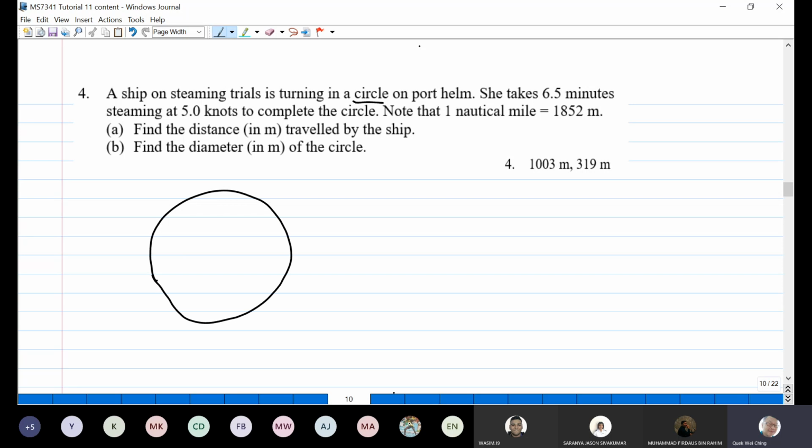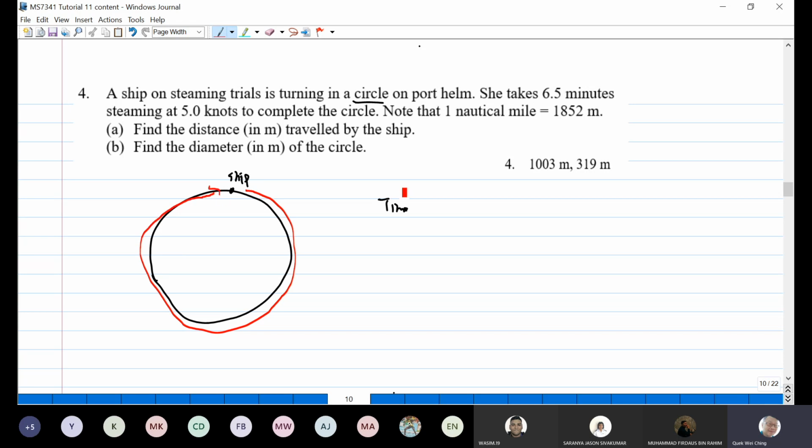And how much does it take? 6.5 minutes at 5 knots to complete a circle. So the time taken is to complete, let's say from one point here, the ship moves around a circle until you go back one cycle.